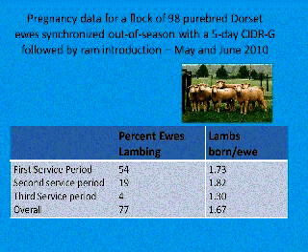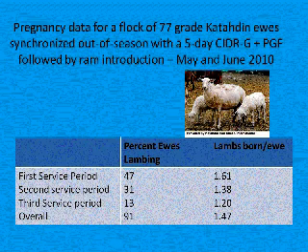Some of you may have hair sheep. How many of you have hair sheep? One. Okay. Here's the experience with a group of Katahdins. These are over at our Wardensville Experiment Station. 77 ewes in this group, and this is actually again, 2010, this is one of the poorer responses with those ewes.